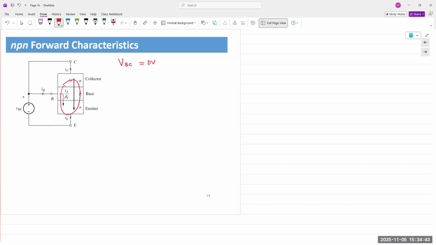This is known as the forward transport current. In this case, I'm saying the collector current is my forward current. IC is equal to IF.